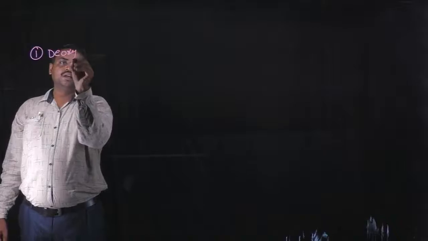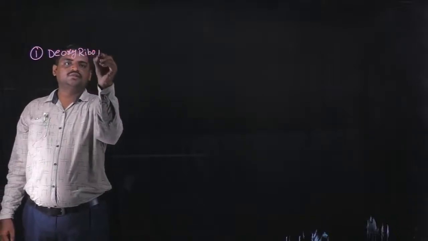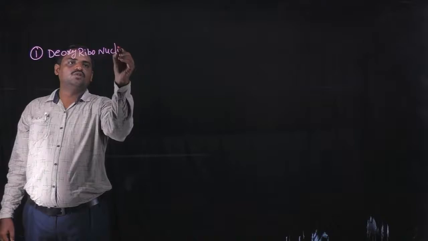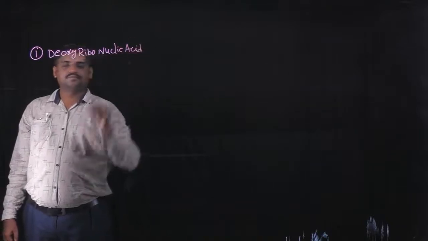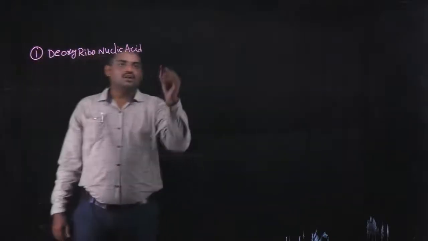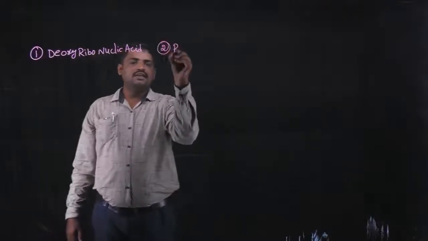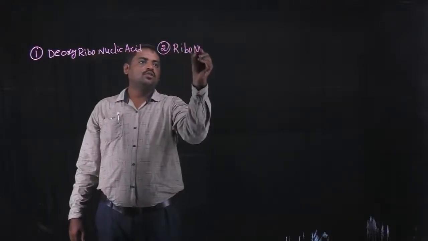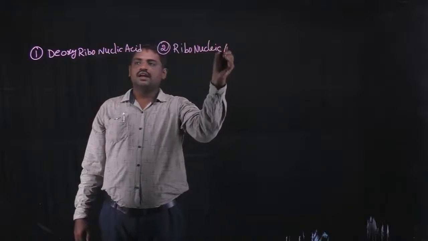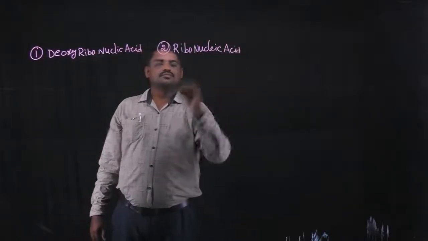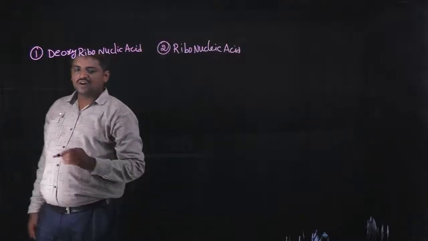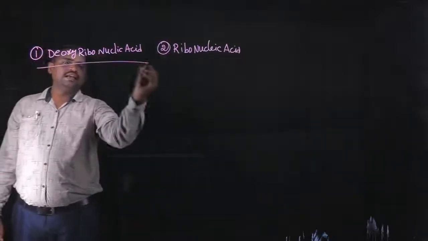Next, I am going to discuss two different types of nucleic acids. First one, deoxyribonucleic acid, and the second one, ribonucleic acid. First one, deoxyribonucleic acid, like DNA.